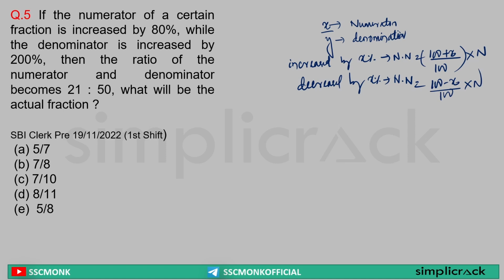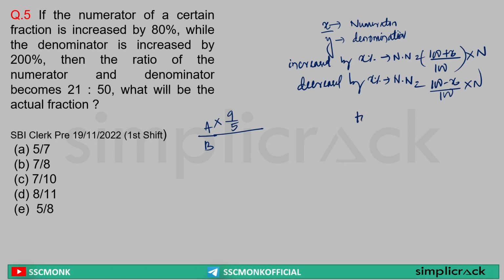Now, it is saying the numerator of a certain fraction, let's say the fraction was a by b. So a is the numerator, and it is increased by 80%. That means 100 plus 80, 180 divided by 100. If I solve it, I will get 9 by 5. While the denominator is increased by, you always need to understand whether it is written as increased to or increased by.